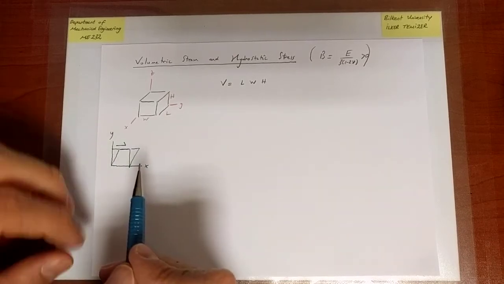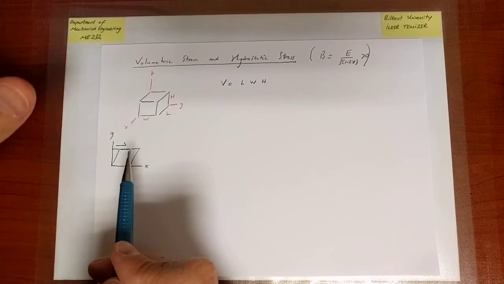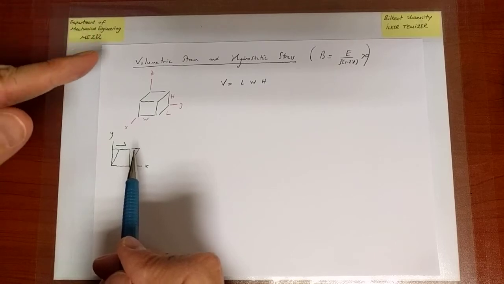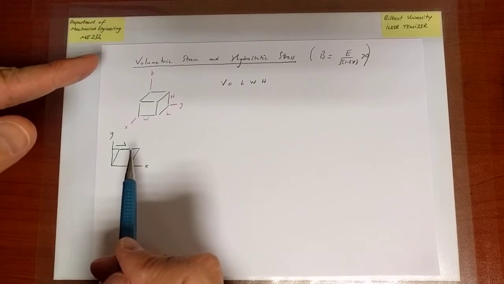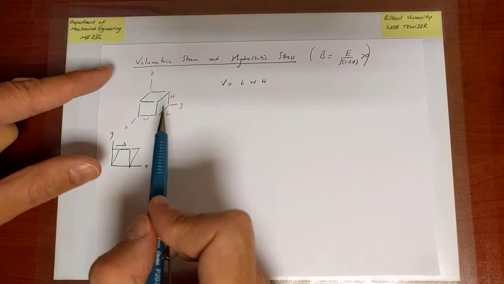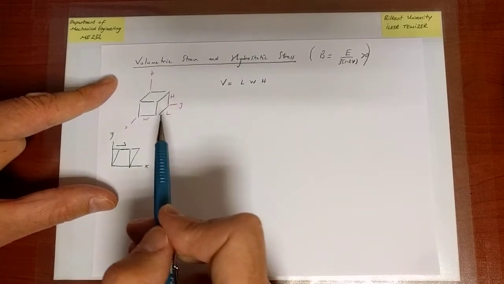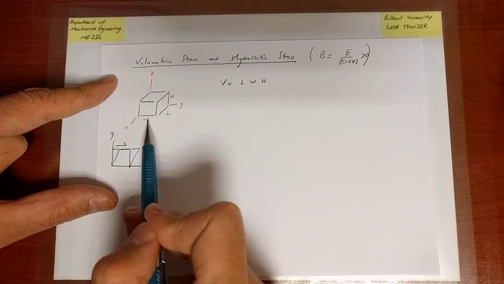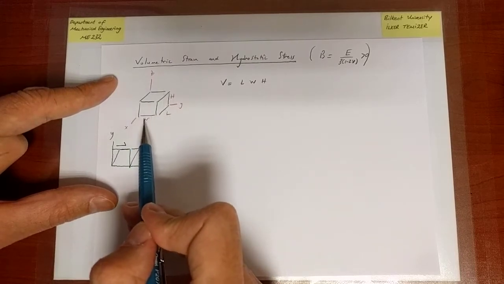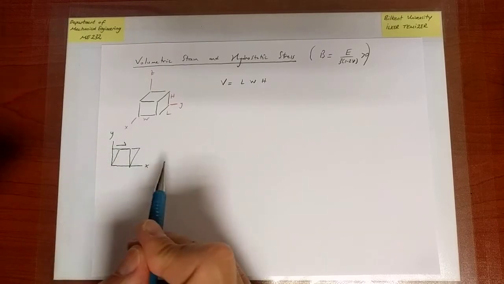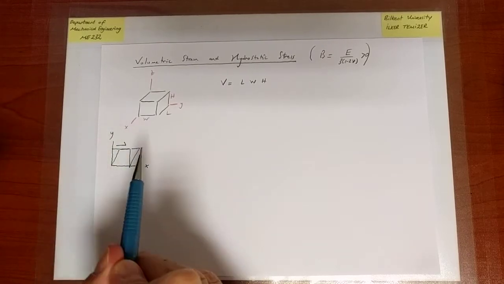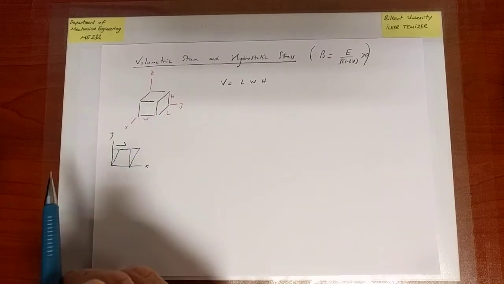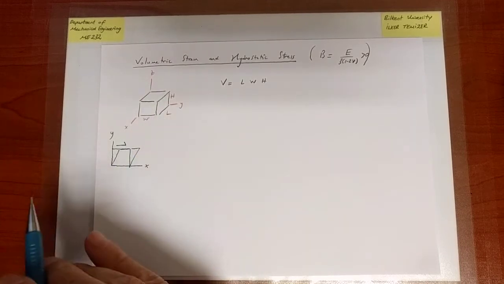This suggests that volume change, first, has to do with only normal stresses, and second, I can monitor that volume change only through the change associated with normal strains. In this case, normal strains have to do with the change in the dimensions along the x, y, z axes, in other words, in W, L, and H. Now, the second of these statements, that volume change is associated with only normal strains, is always true.